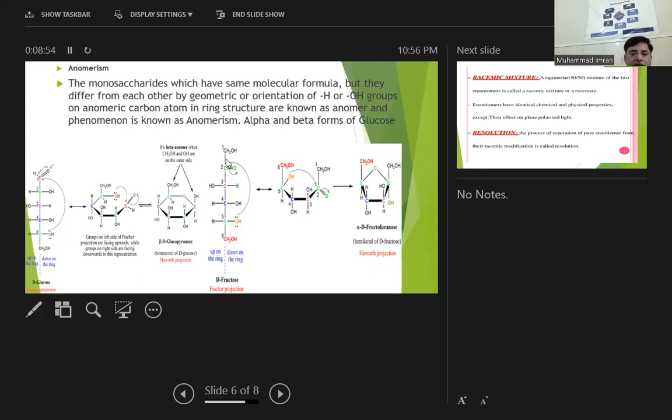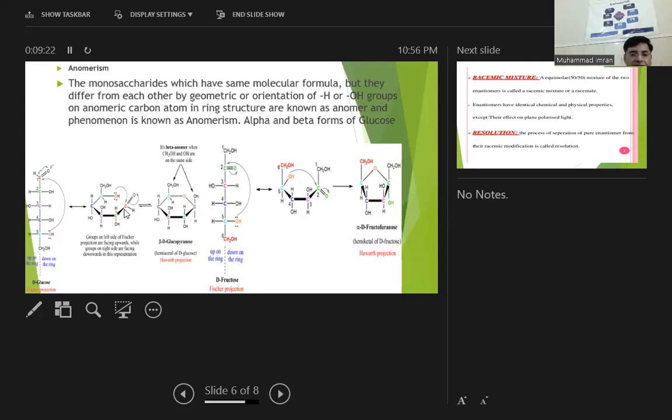This is Fischer projection. If the hydroxyl group is in the cis configuration, meaning both the fifth and last carbon hydroxyl group and the first carbon, in the case of aldehyde, the first carbon is an anomeric carbon. In the case of ketone, the second carbon is an anomeric carbon.